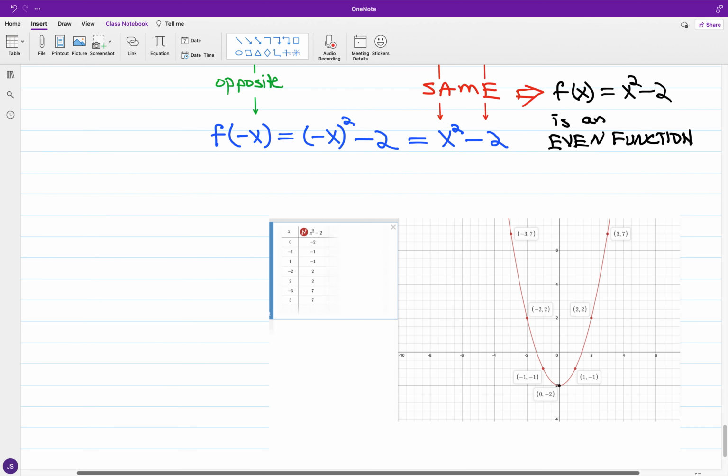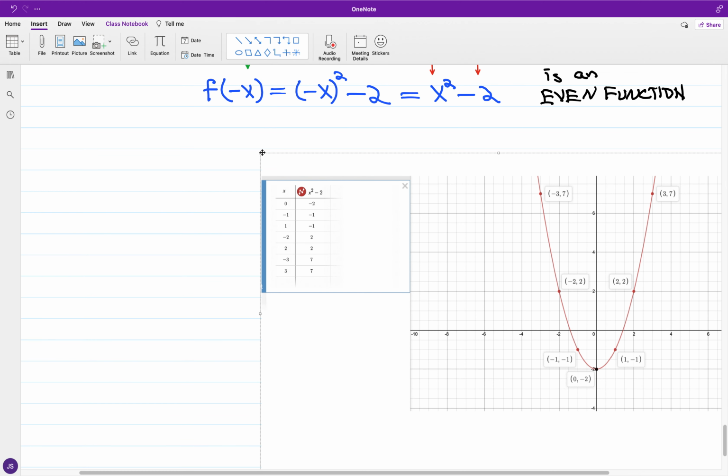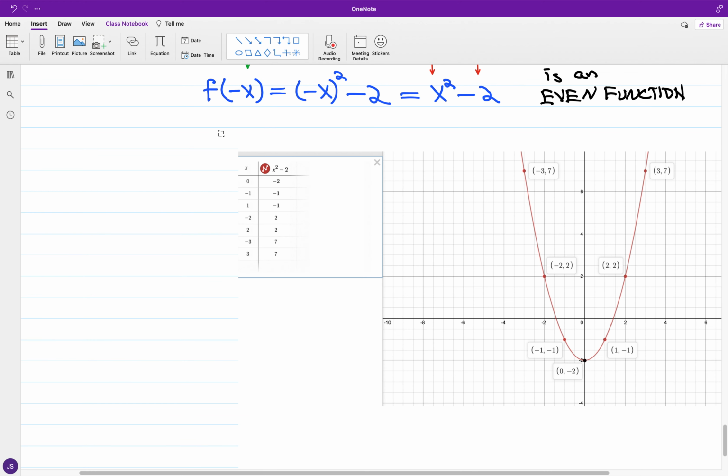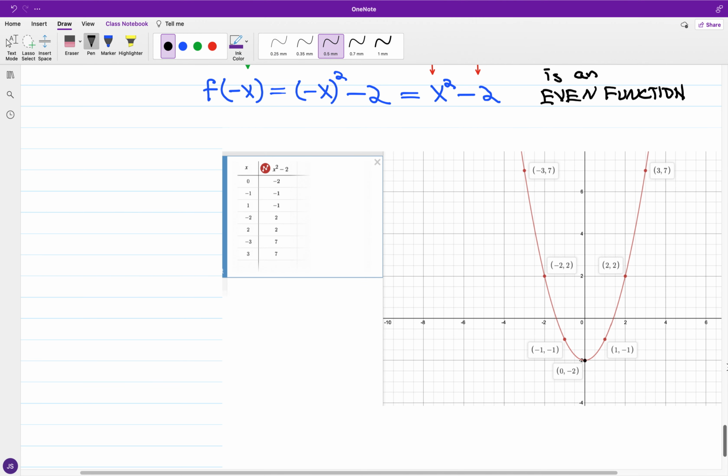okay, so for this graph, for x squared minus 2, just like with x cubed plus 2x, I selected the same x values.